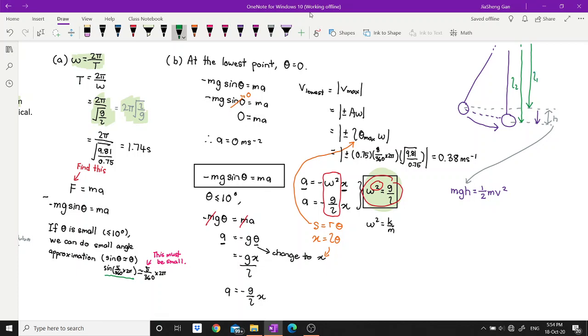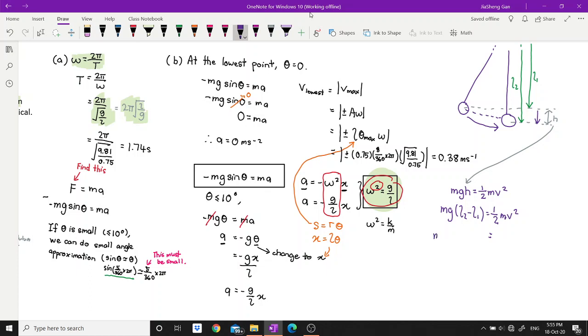So to continue the equation, this will be mg (length 2 minus length 1) equals half mv squared. Length 2 is just the length of the string, nothing special.